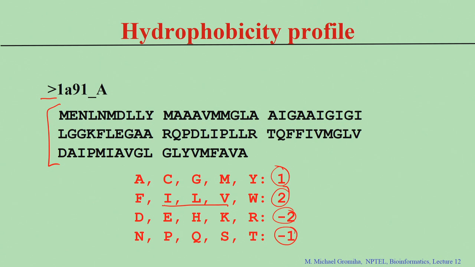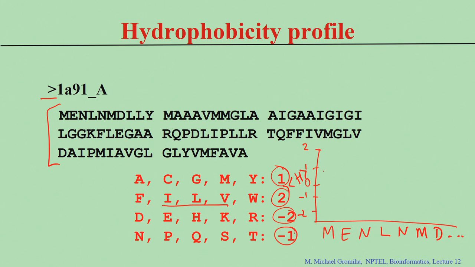So, what is a hydrophobicity profile? It is a plot connecting the sequence versus the values, right. So, here what is the sequence? M, E, N, L, N, M, D and so on, right. Here we can put the hydrophobicity value. First one is M. What is the value for M? 1. So, you can put here this is 0, and here you can put 1, 2, minus 1, minus 2.